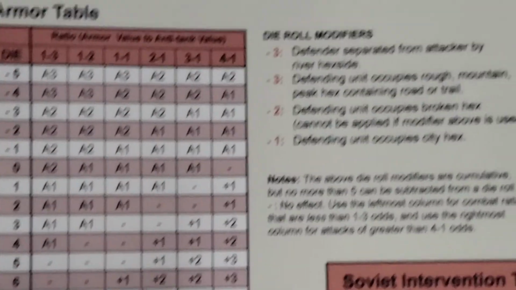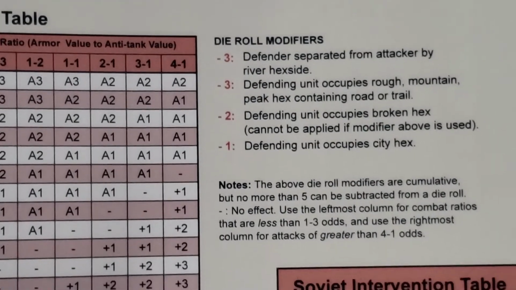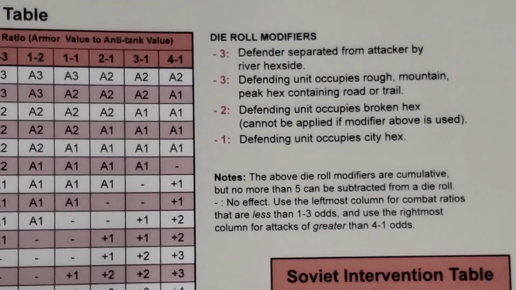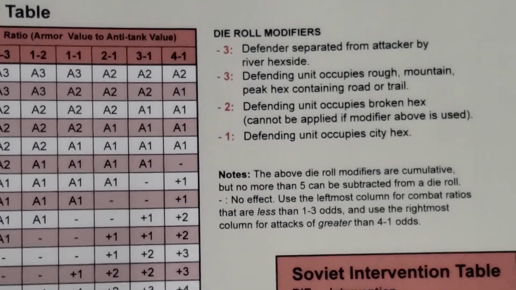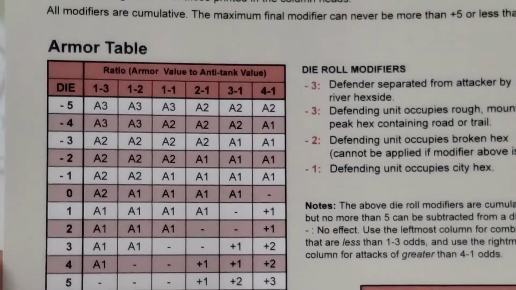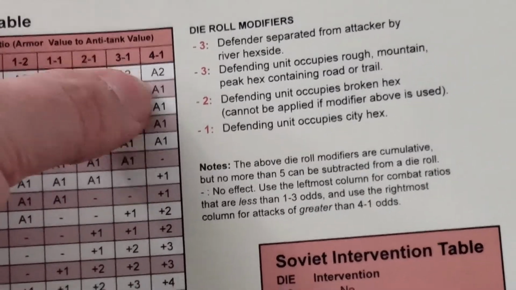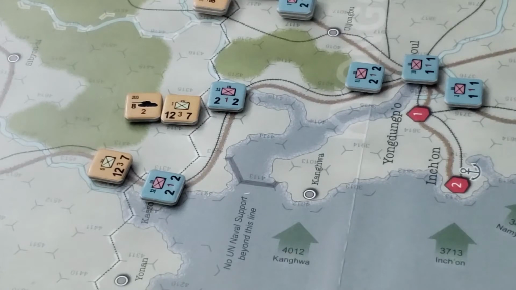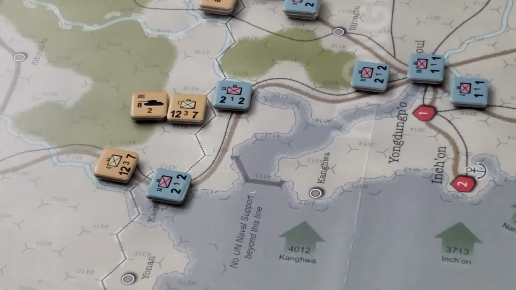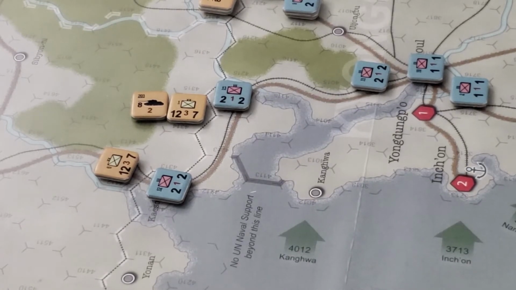So I'm going to guess that we use the rightmost column for attacks greater than 4-1. So we're going to use this 4-1 column. That is the best. And there's no other die roll modifiers here. If there were a river hex side, that could be a problem. If it were mountain with a road, broken hex, all that, doesn't really matter. So we're going to roll the die.